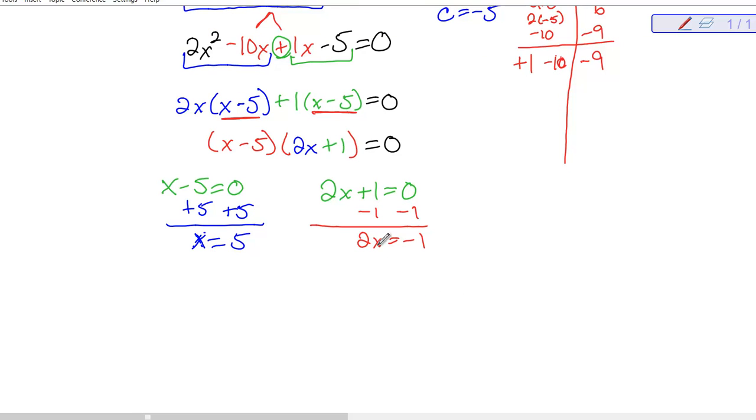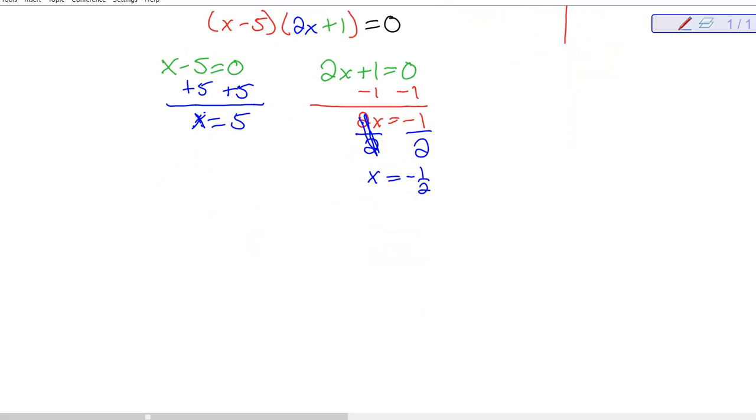I still do not have x by itself. This is 2 times x. Opposite of multiplication is division, and I divide again by the number that is attached to the x, so that these two will cancel each other out, leaving me with x is equal to a negative 1/2.